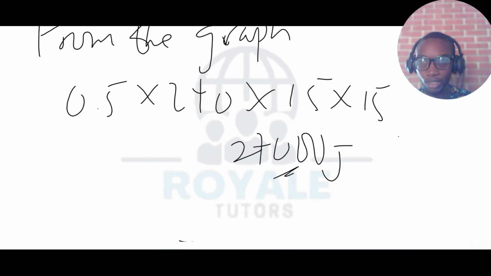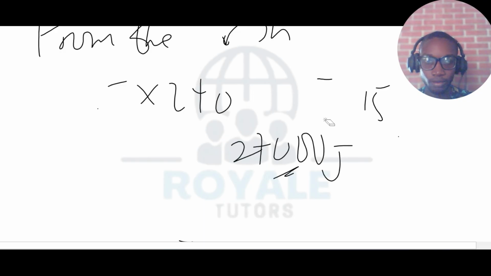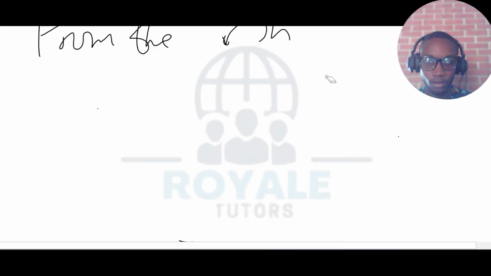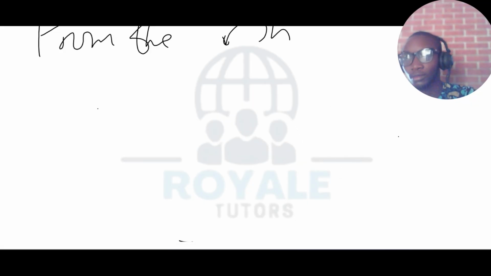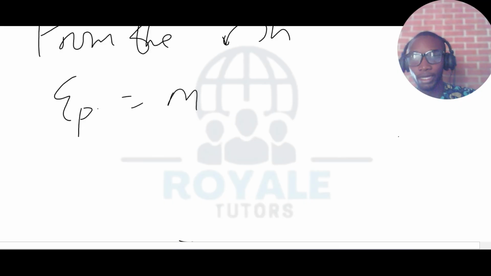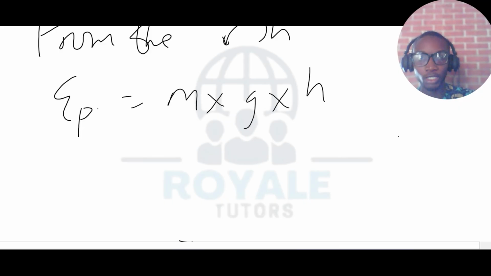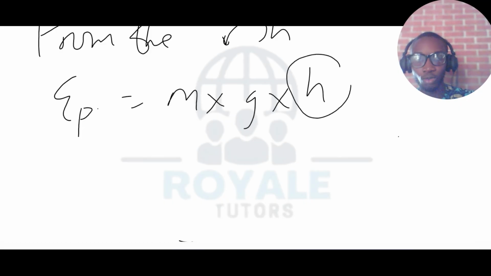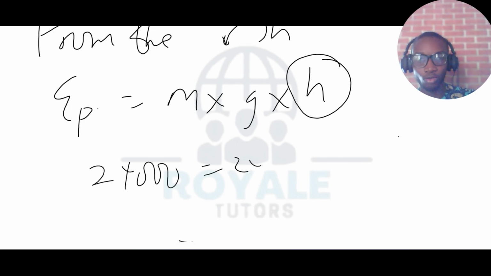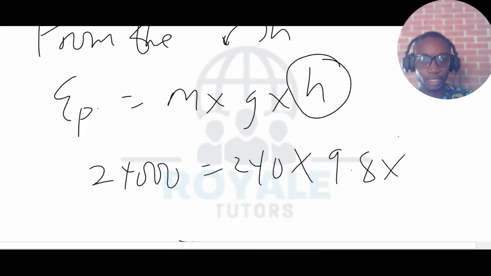So let's quickly do that here. We say EP is equal to m times g times h. This is what we want to find. We know this is 24,000, which is equal to 240 times 9.8 times h.